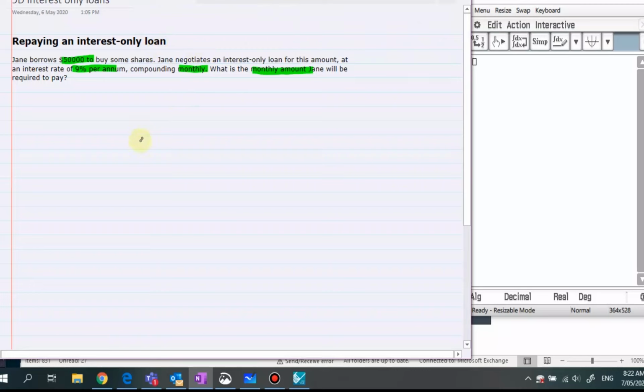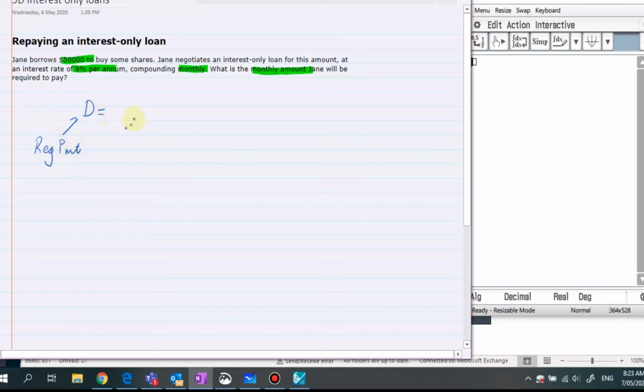All right, so what we're going to use to work this out is we're just going to find the value of D, which is Jane's regular payments.